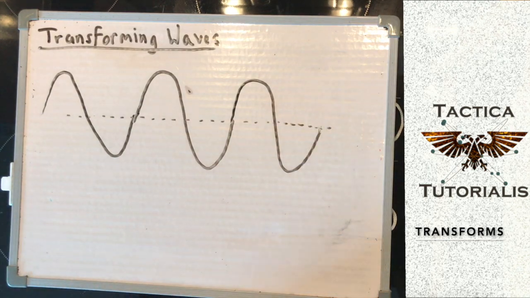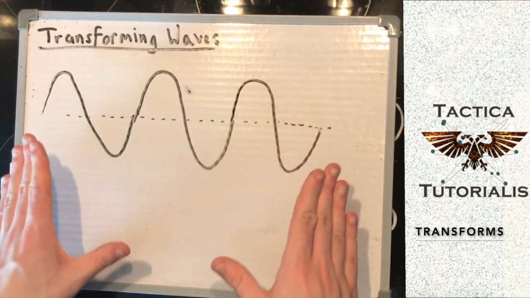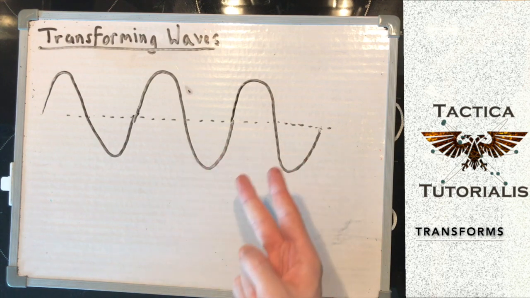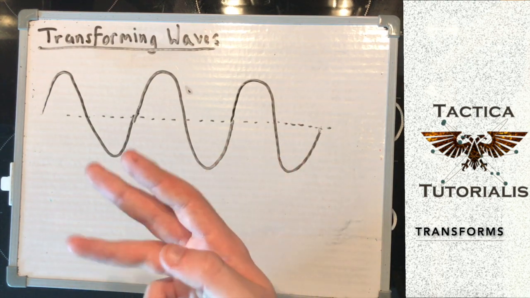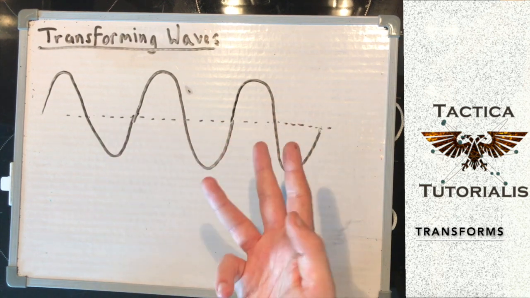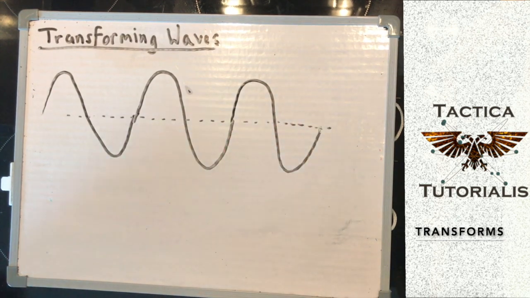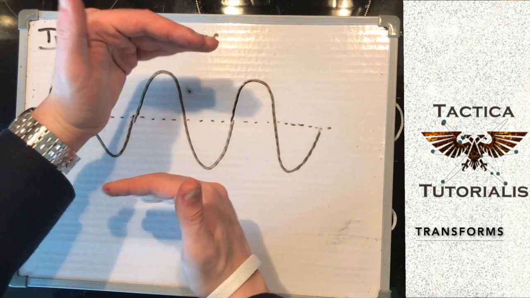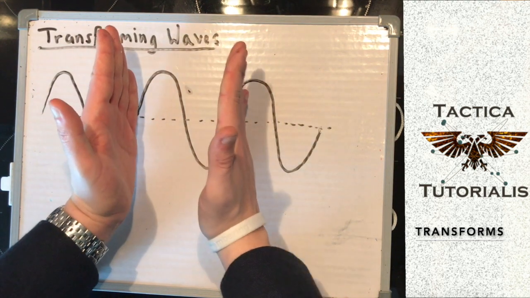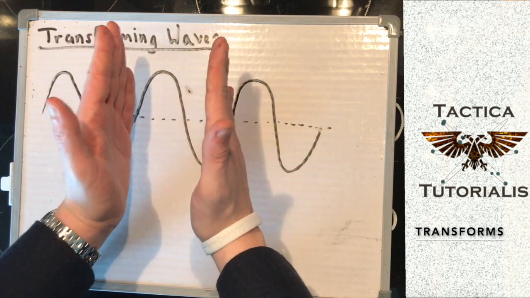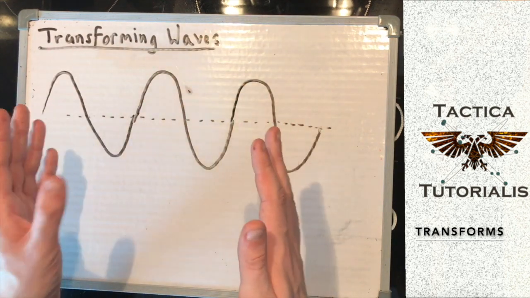So, when it comes to transforming a waveform, there are two main things that we can change. Well, in many ways, there's three, but they boil down to two different things. So the first thing we can change is the height of the wave. And the second thing we can change is the length of a cycle, and therefore the number of waves, say, on screen.